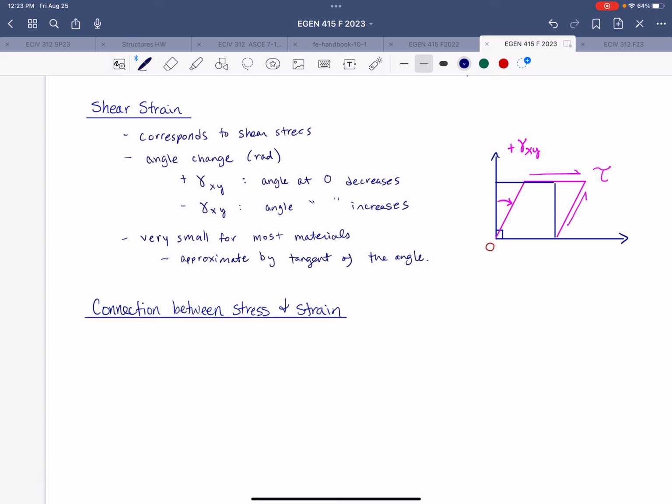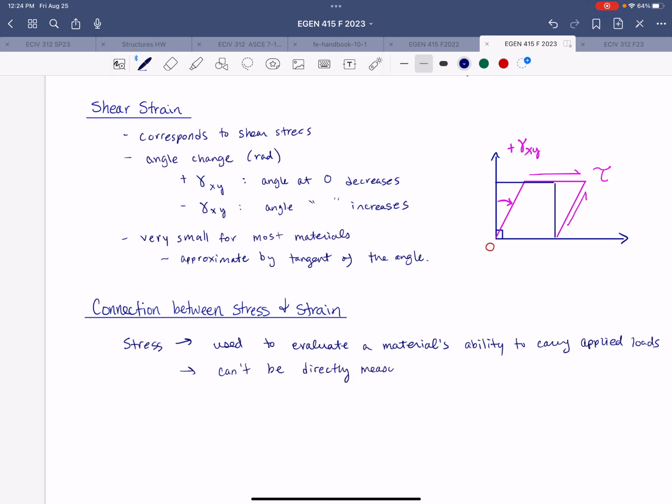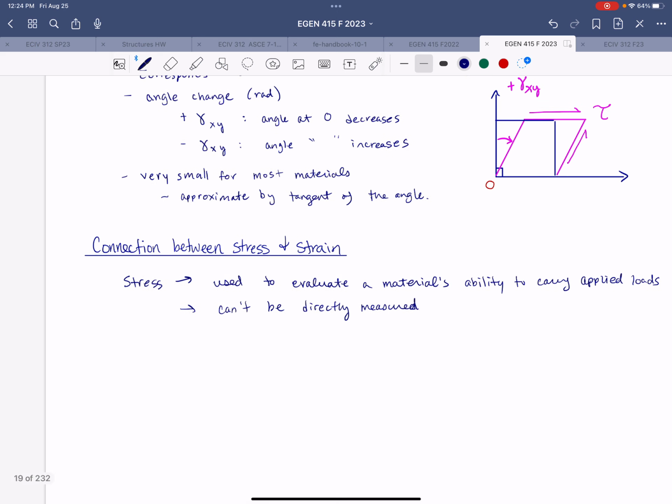And as you know, stress and strain are related through material properties. Stress is used to evaluate a material's ability to carry applied loads, but it can't be directly measured. So because we can't directly measure it, we calculate it from other measurable quantities like force or strain.